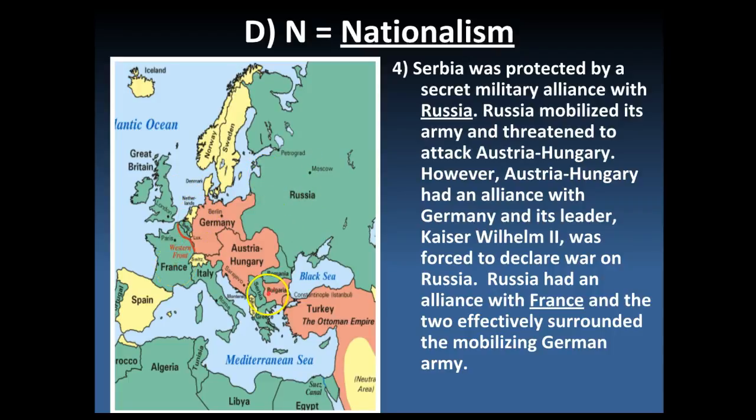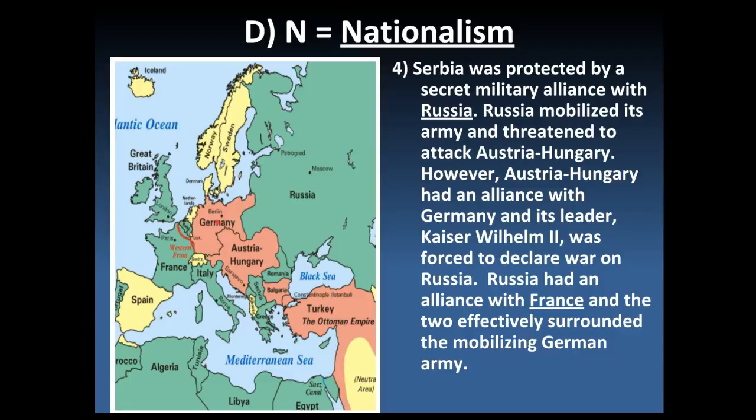And all of a sudden, Austria-Hungary feels a little bit outmanned, and they let everybody else know that they had an alliance with Germany. So overnight, what started between one Serbian assassin and the Austrian-Hungary prince has now evolved into a war between Serbia, Russia, and France versus Austria and Germany.